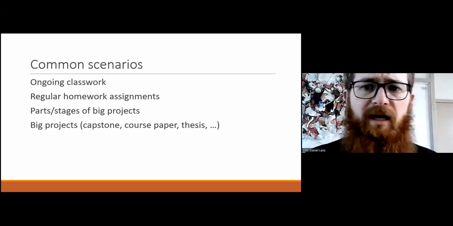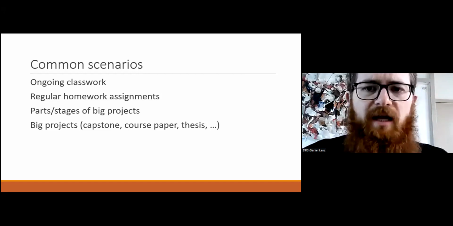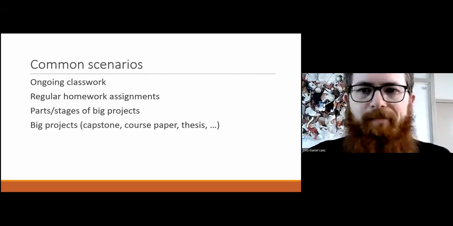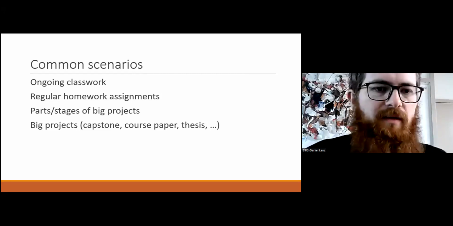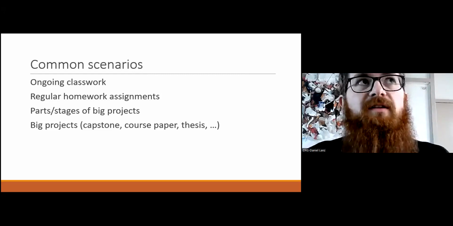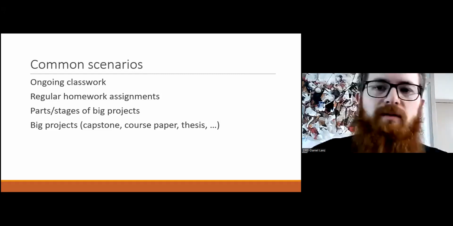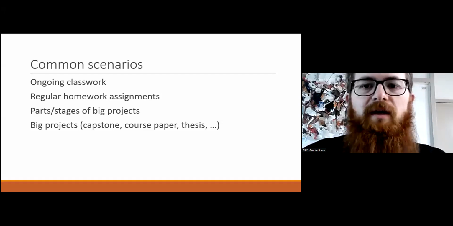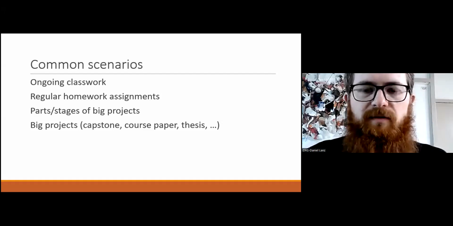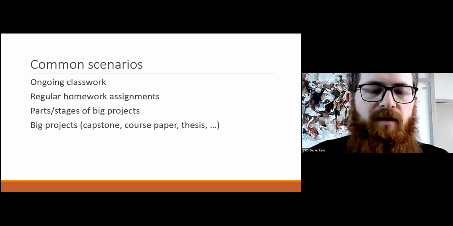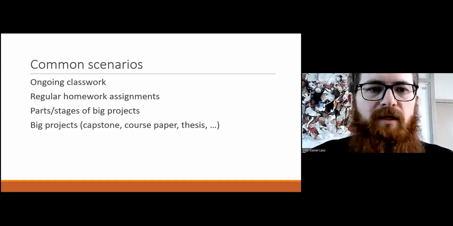So ongoing classwork is the thing that happens in each class session, right? When I assess participation or activities that we do in the classroom, where appropriate, I do try to have rubrics for those, so that also is transparent and students know how they're being assessed.